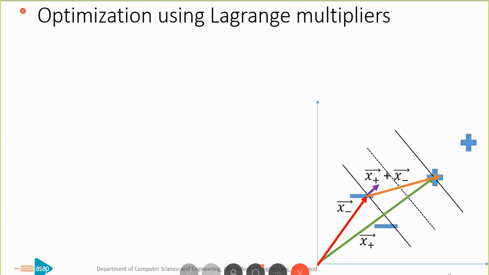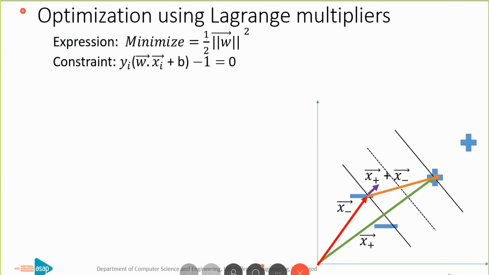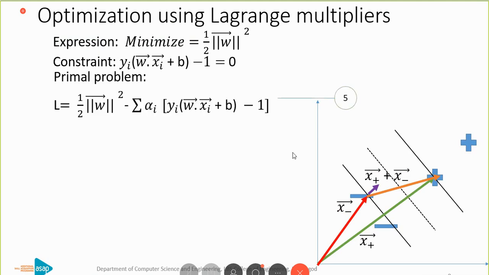Let us formulate the Lagrangian now. We already have our expression to minimize, and we already have our constraint. So I'm going to write the Lagrangian over here. This is the term that you have to minimize: half of the norm squared. And I'm writing the constraint over here.